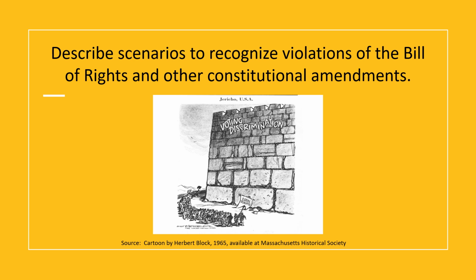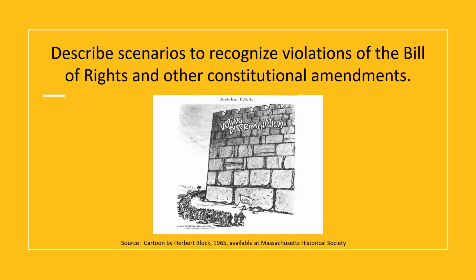The wall is much higher and much taller than they are, and it represents voting discrimination. So the question is, how do these other amendments represent and address voting discrimination?